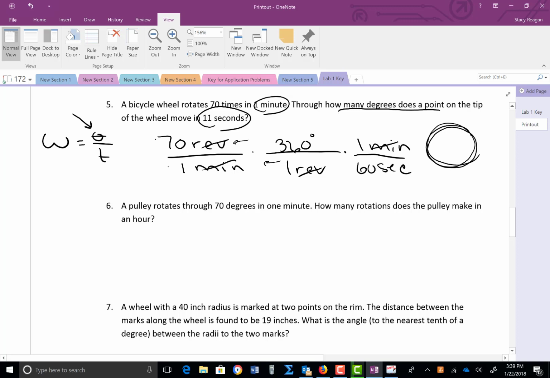So now I have degrees and seconds, and if I do my math on that one, 70 times 360 divided by 60 seconds comes out to 420 degrees per second. That's for 1 second. So if I want it for 11 seconds, I would just need to multiply it by 11, and I would get 4620 degrees for those 11 seconds.